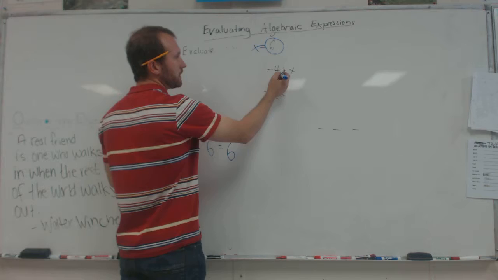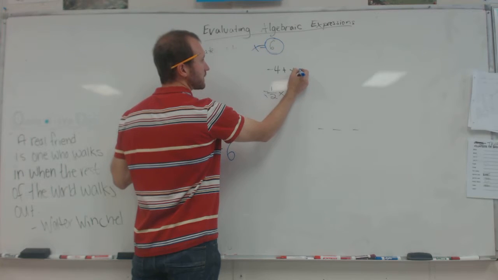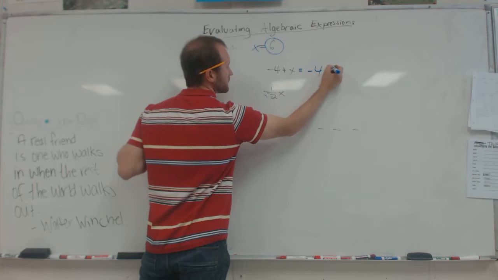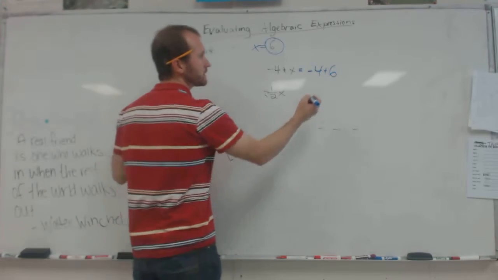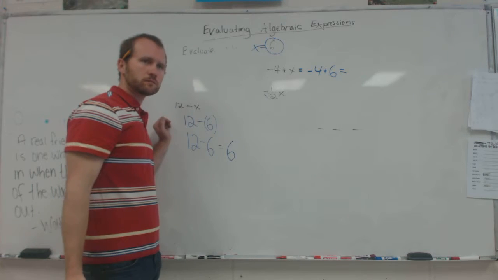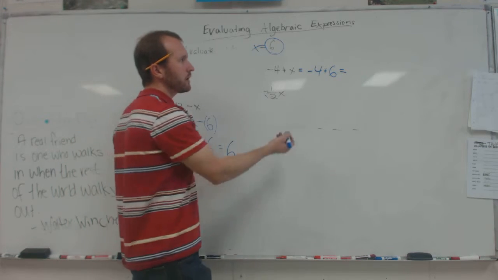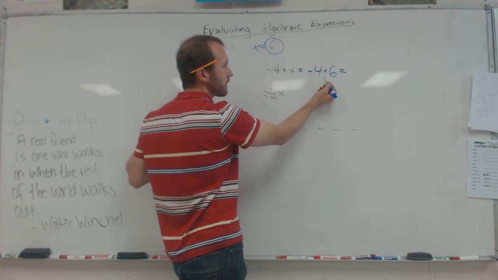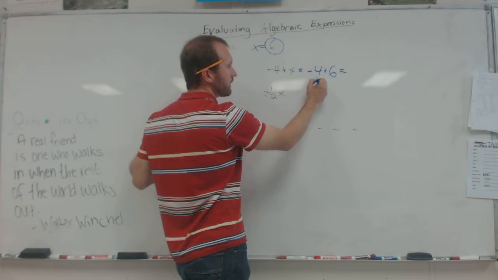Okay. In this one, what am I going to rewrite this as, since I know x equals 6? -4 plus 6. Very good. What does -4 plus 6 equal? Well, I can't really do this, right? Because I have -4 and a positive 6. So think of it like this.